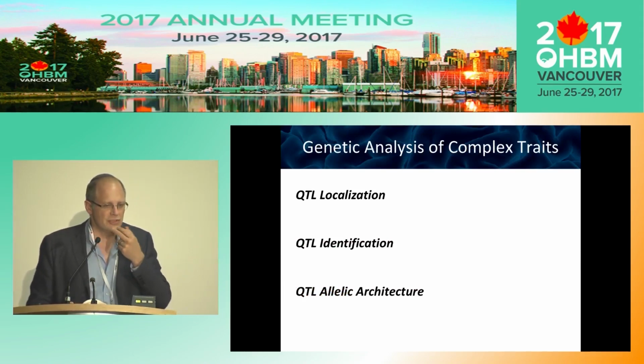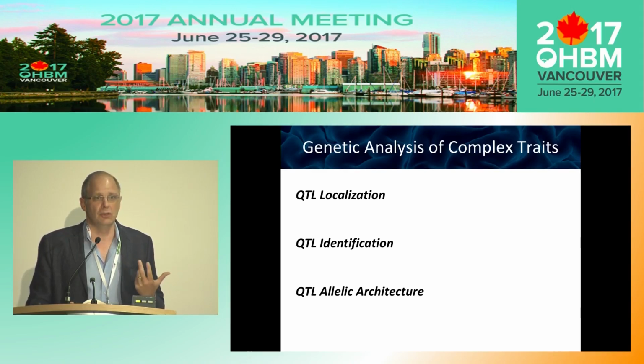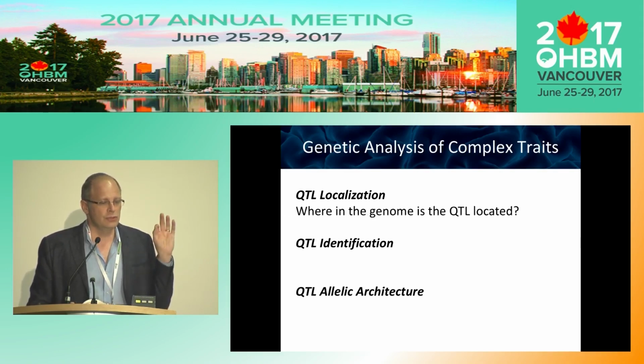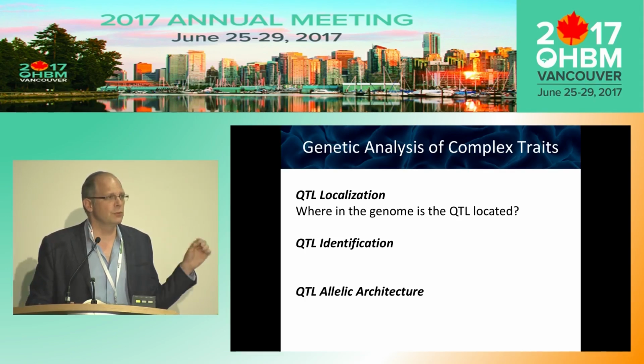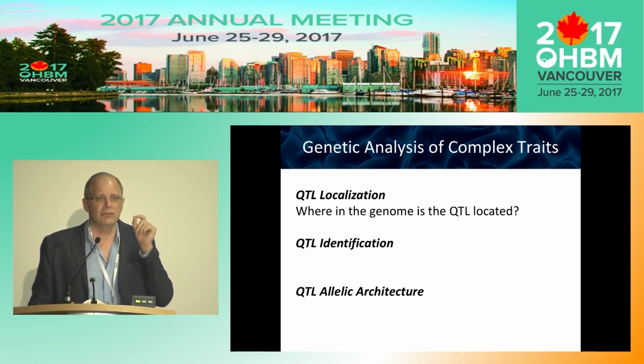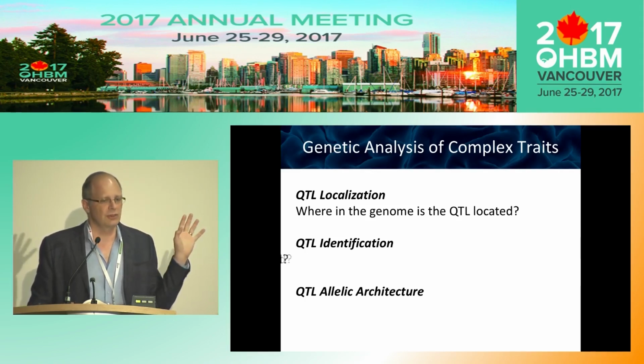One of them is really just thinking globally, what's the point of genetics in general, right? There are different types of points, but classically, what you want to do is try to find a gene or a set of genes influencing a complex trait. And you do that first by finding a quantitative trait locus. And that's what you've done with the GWAS study. You found a locus somewhere in the genome, and you've said, okay, here we have a locus.